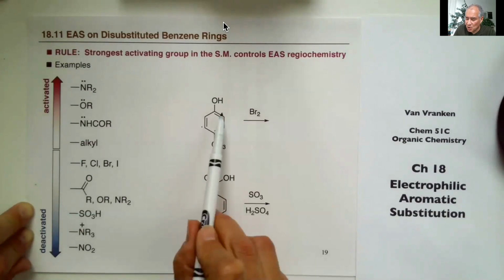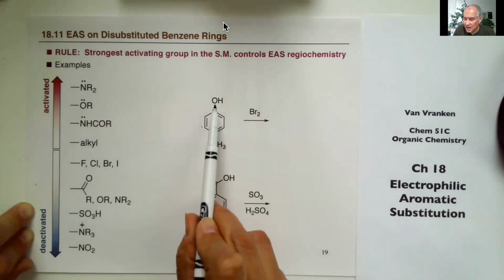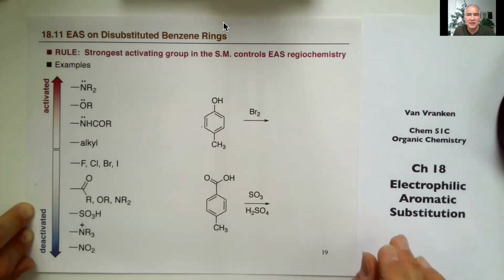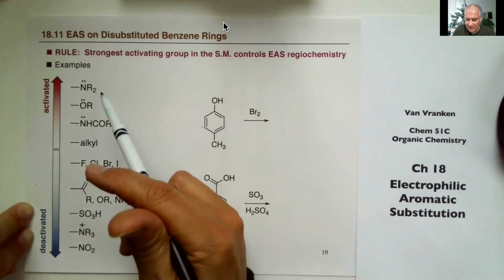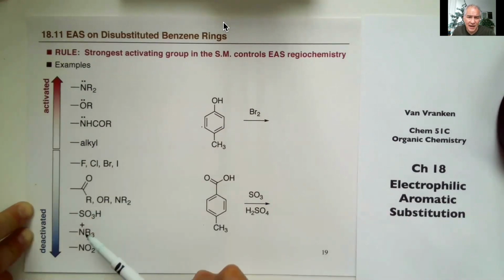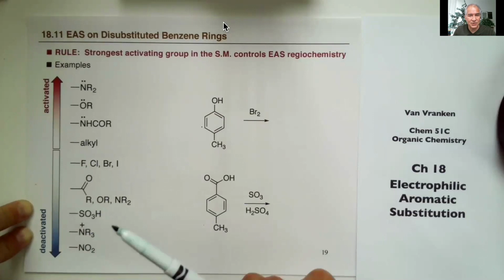So when we put this bromine on here and we have to decide where does that bromine go, we have to decide which of these two groups is a stronger activator or is higher in this list. And when I say stronger activator, I also mean least strong deactivator. So strongest activator is kind of the same as saying the least strong deactivator.